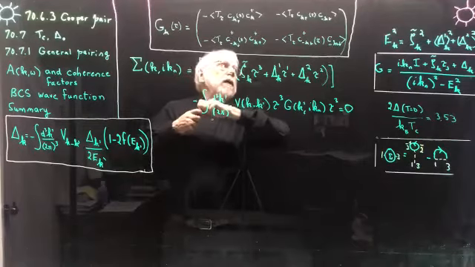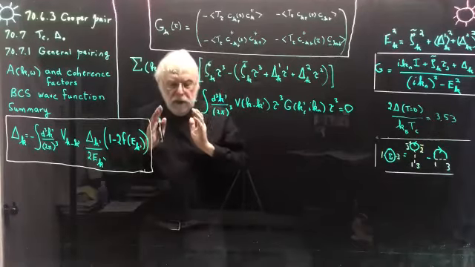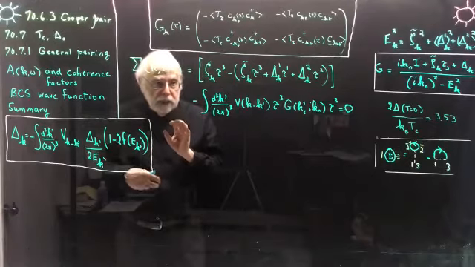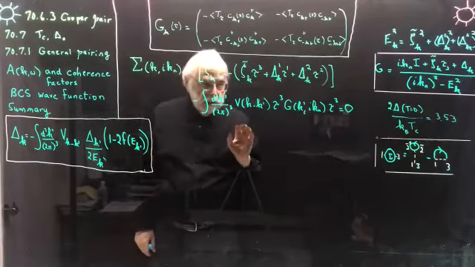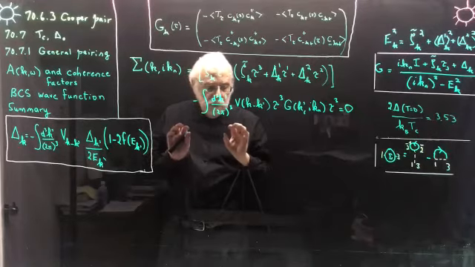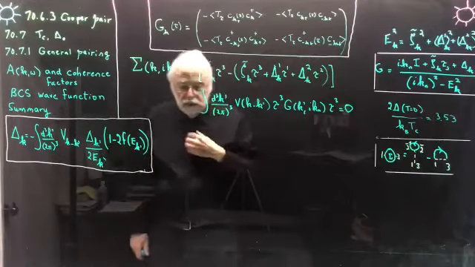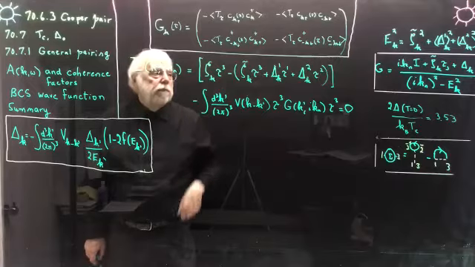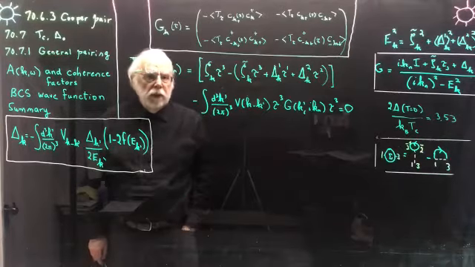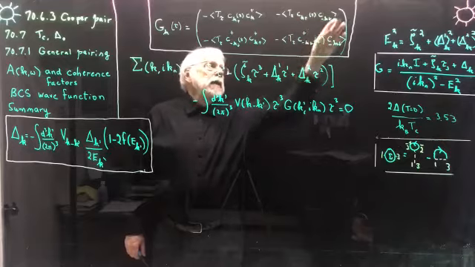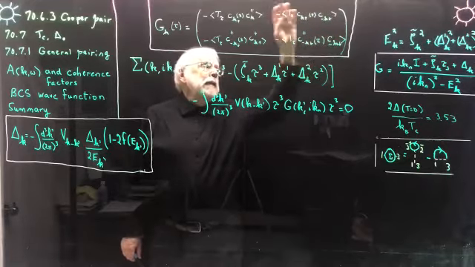Why? Because we saw that if we look in the normal state and you take c dagger at some time and c at some other time, then at zero frequency, that's a thermodynamic quantity, it diverges at some temperature. So that's the transition temperature, and that indicates to us that there's an order parameter which will make this non-zero.